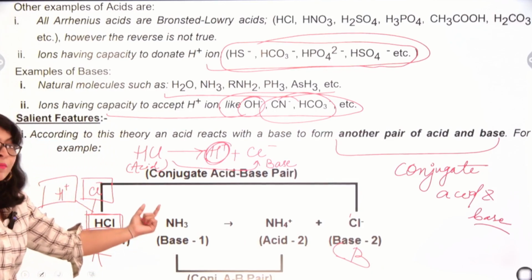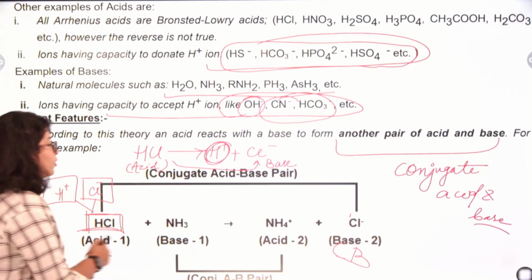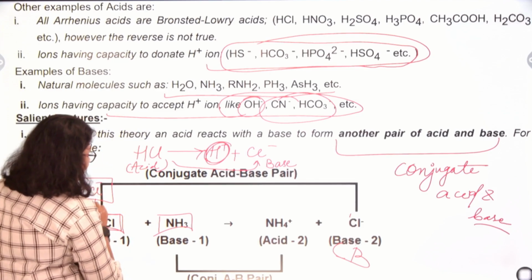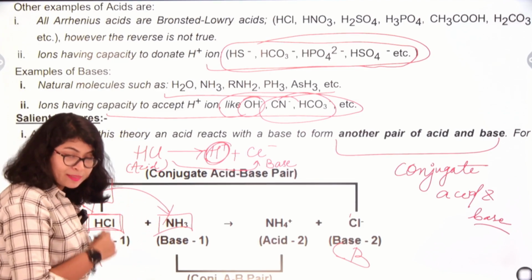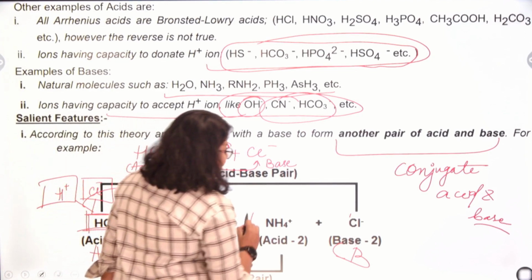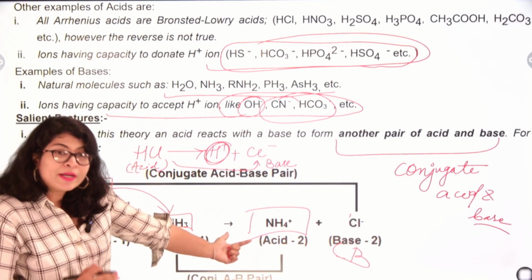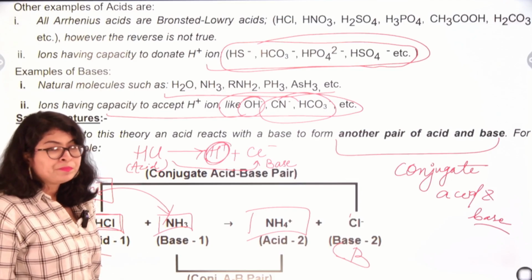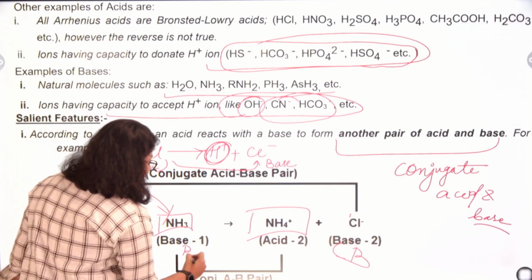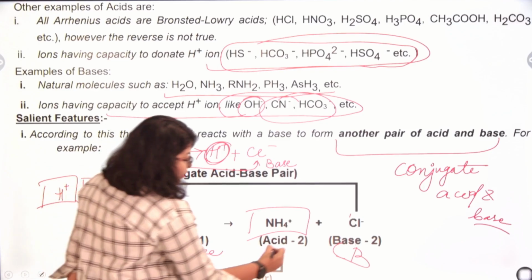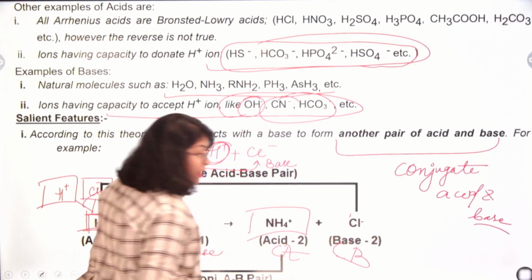Now in case of ammonia, if I see, the ammonia took away the H plus which was liberated by HCl, it formed NH4 plus. Now this ion also has a tendency to liberate the H plus whichever it has taken. So if this is the base, then this forms its conjugate acid.